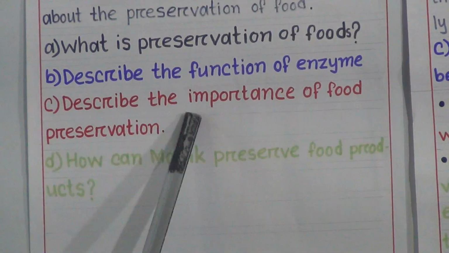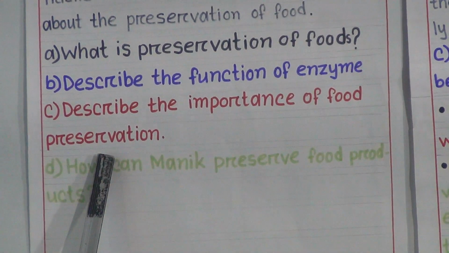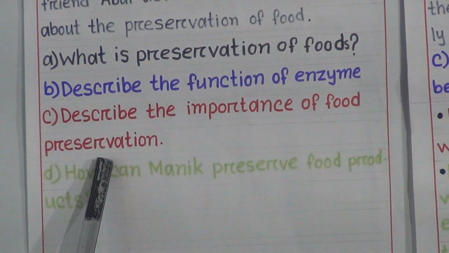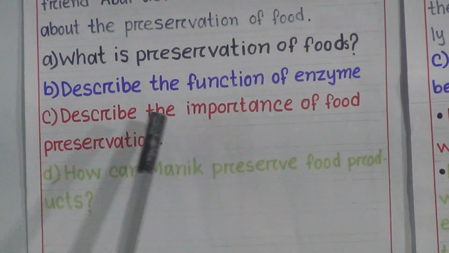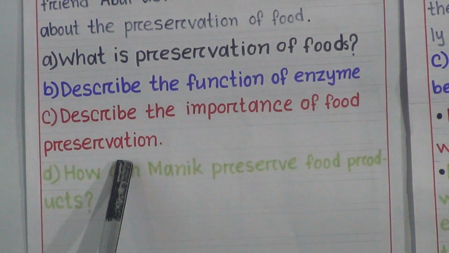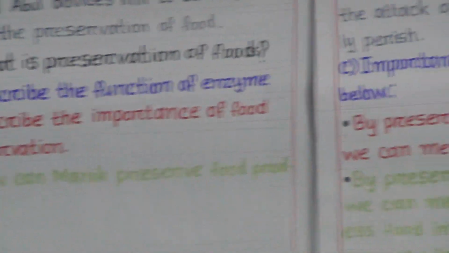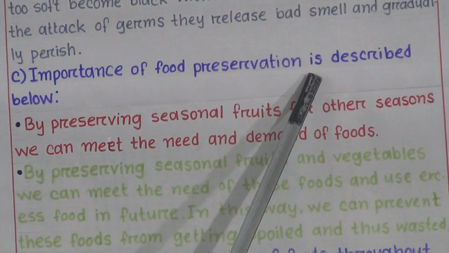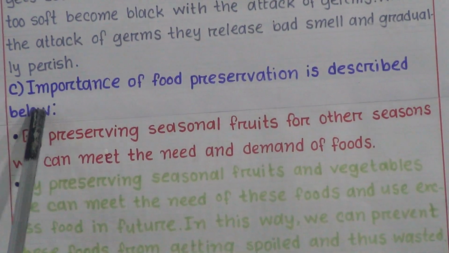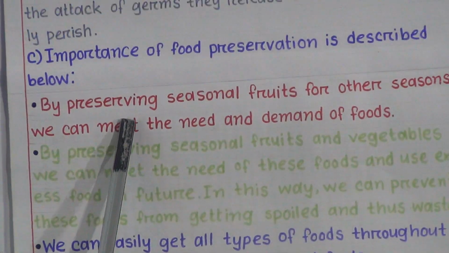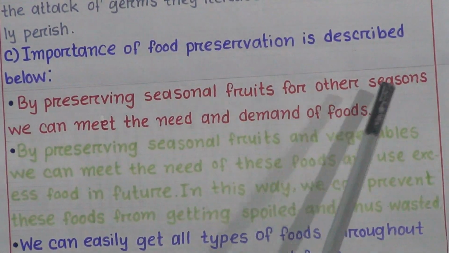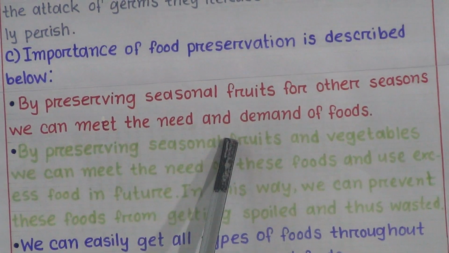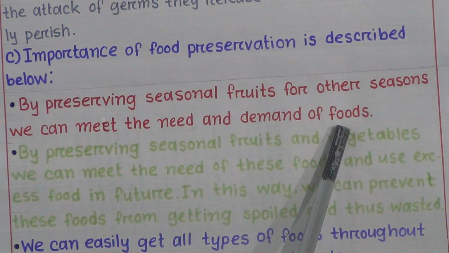Now come to question number C. Describe the importance of food preservation. Here is our answer. First, by preserving seasonal fruits for other seasons, we can meet the need and demand of foods.